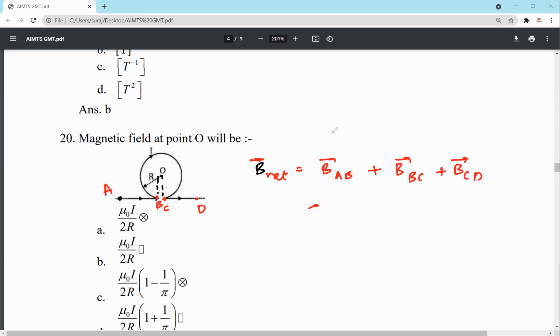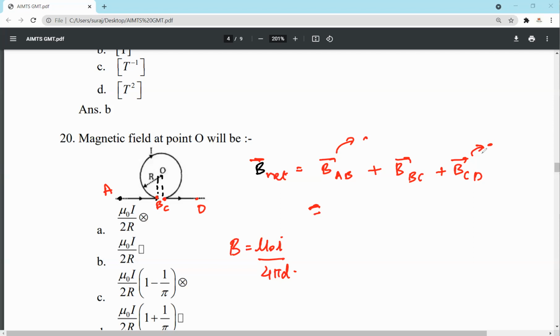Due to AB, semi-infinite. What is the magnetic field due to a semi-infinite wire? It is mu naught I by 4 pi r. The two semi-infinite wires have the same direction, right? AB is dot, CD is also dot.